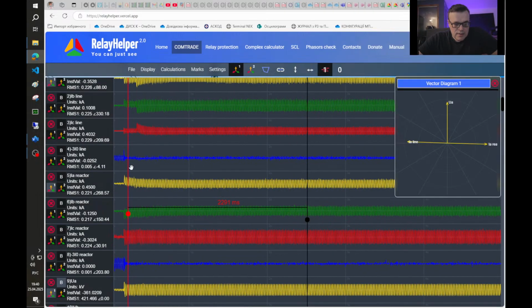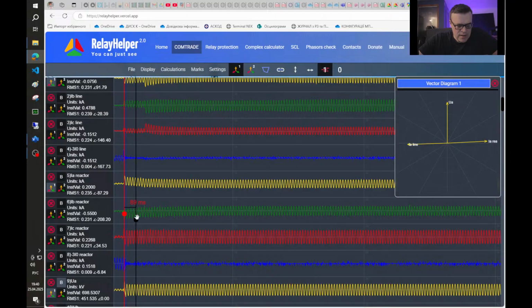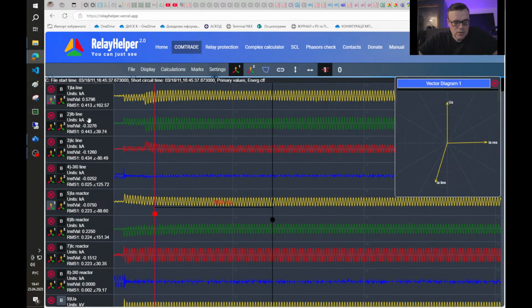Let's measure the time. I believe it must be 30 milliseconds. Oh, it's less, 150 milliseconds. And here the line was in transit. But we can see that current in the reactor has inductance character.